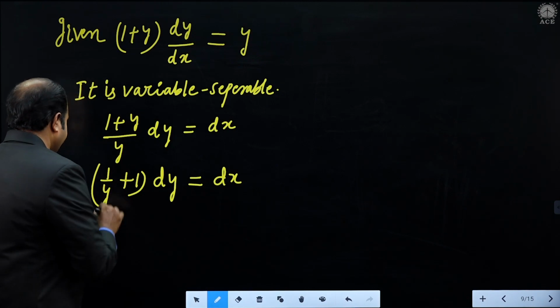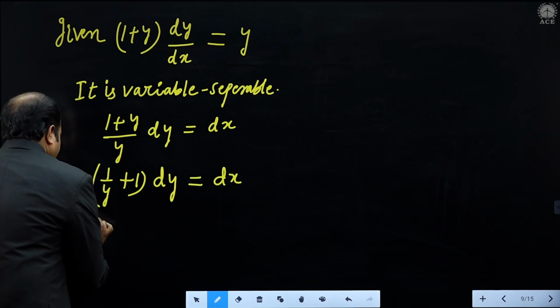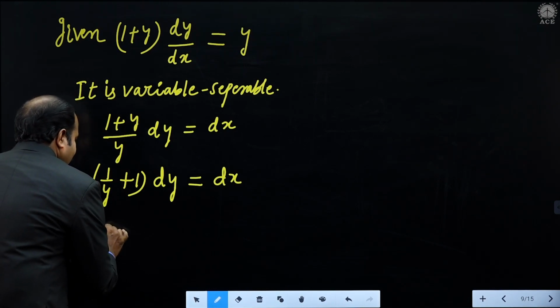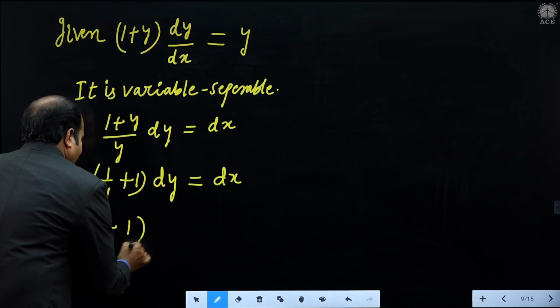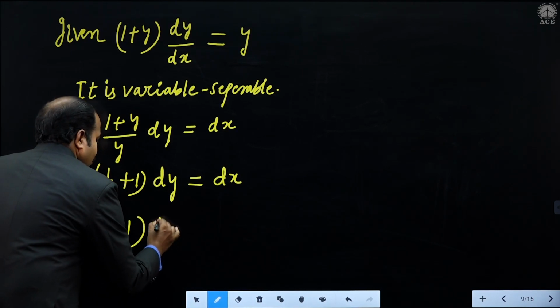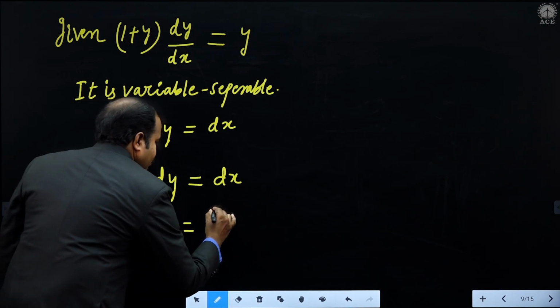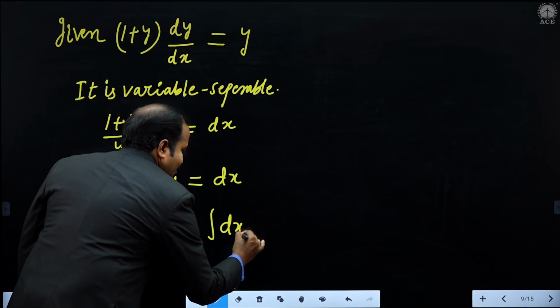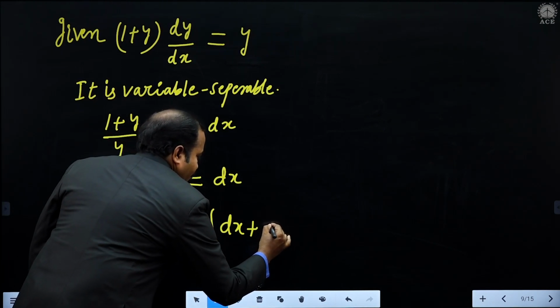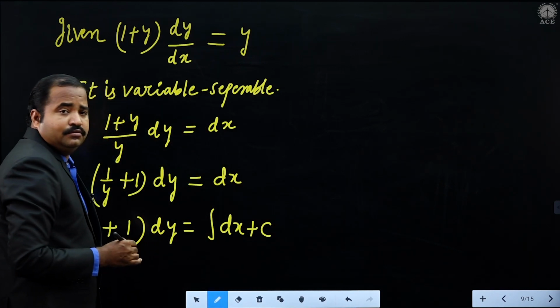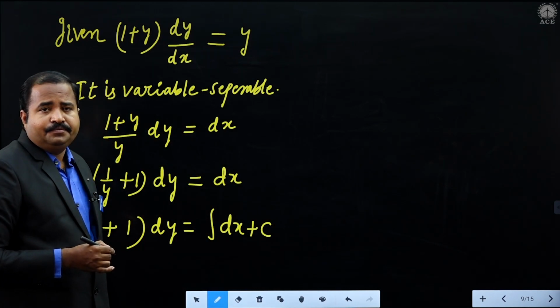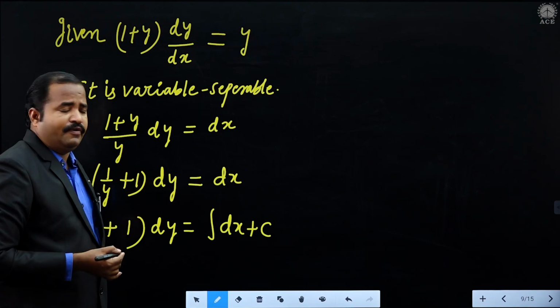So integration: integral of (1 by y plus 1) into dy equal to integral of dx plus, we know that for a first order DE, one constant is required in the solution.